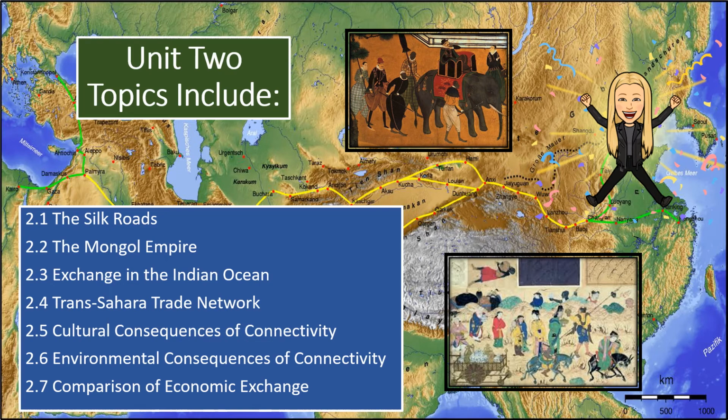In 2.6, we'll look at the environmental consequences and look at the effects of various networks of exchange from the same period. And then in 2.7, we're going to compare the economic exchange and look at the similarities and differences among the various networks of exchange during this time period of 1200 to 1450.